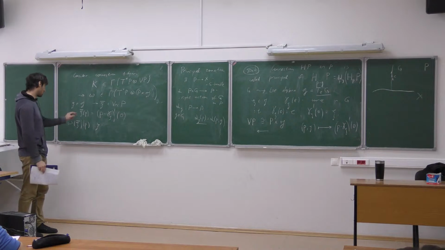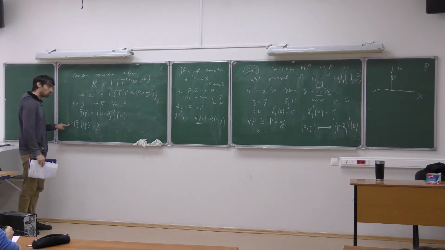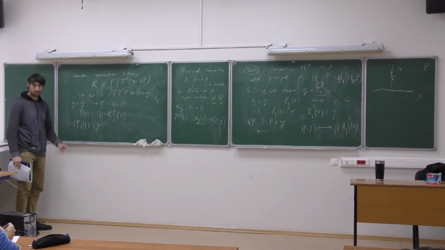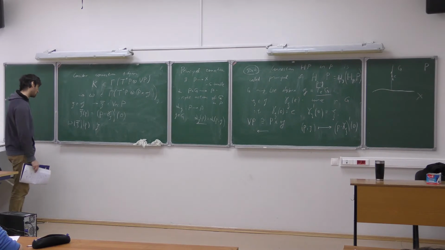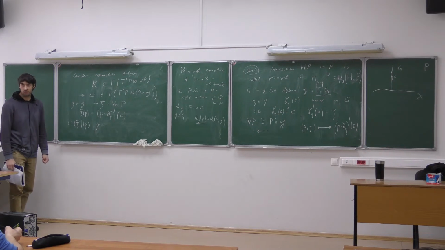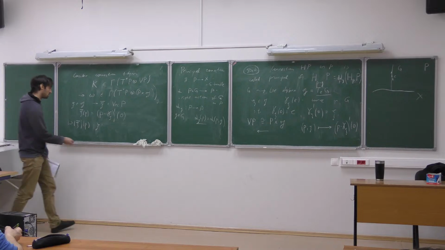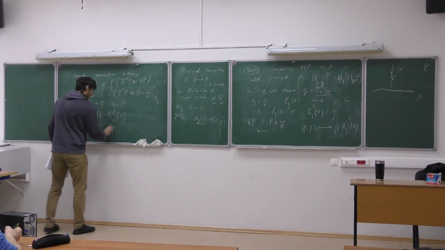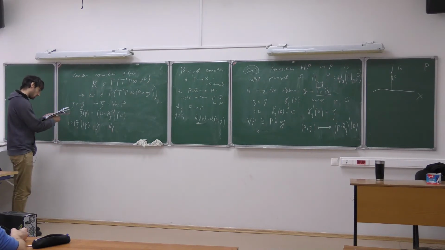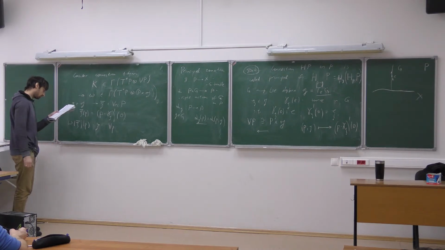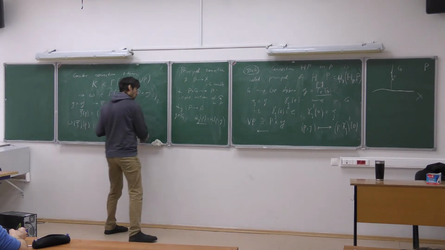So my omega of Xi bar gives me Xi at point P, and this doesn't depend on the point actually. This holds for any P. All right, so proposition.